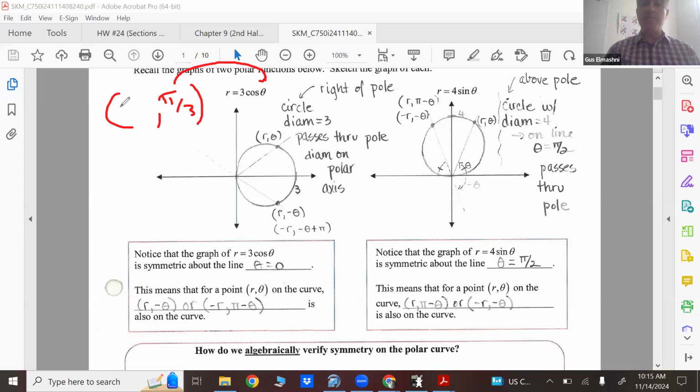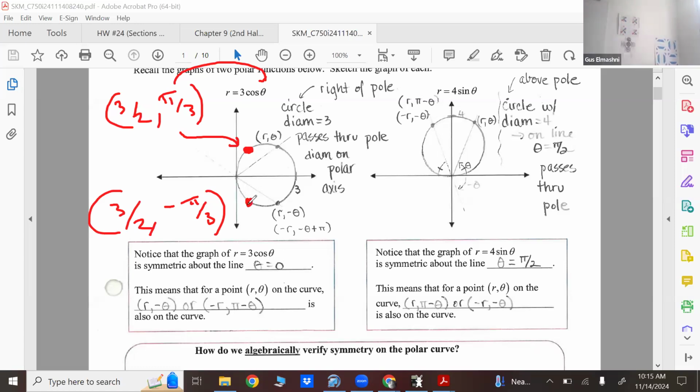So you get 3/2. So you'd probably get a dot over here somewhere, right? Now let's switch the sign of theta. If you switch the sign of theta, what's r going to be still? Still 3/2, right? I mean, the cosine of negative pi over 3 is 1/2, but then times 3, you get 3/2, which would be over here, right?